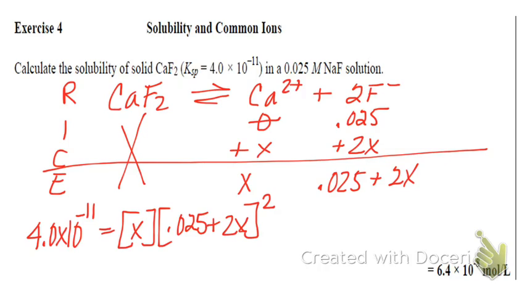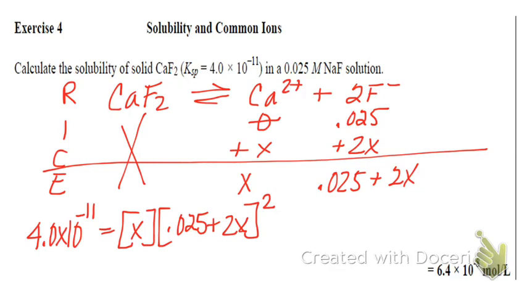Okay? So here's where I'm going to tell you, we're dealing with small concentrations. 0.025 is a small concentration, but because the solubilities are so small, we get really, really small numbers. We couldn't do this in the last unit because we were dealing with larger concentrations and larger changes. But oftentimes when we're dealing with Ksp values, the x value is going to be so small that it's not going to make a difference.